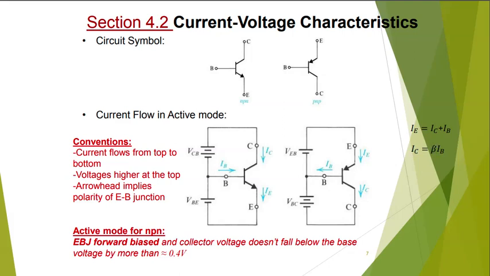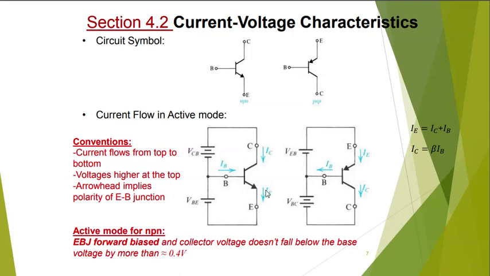This beta is one of the characteristics of the transistor that is always given to us. Most of the time it's 50 or 100, something around this value for NPN. So when I say IC equals beta IB, it means this current in the collector is 100 times more than the current in the base. So, question for you.